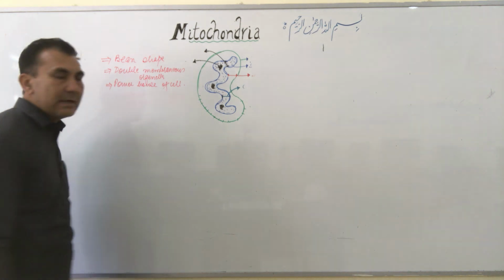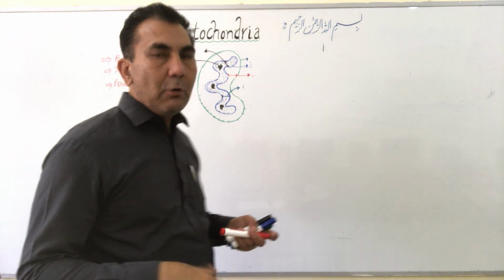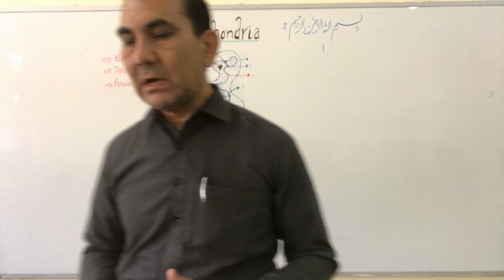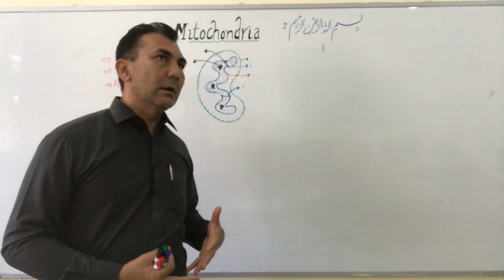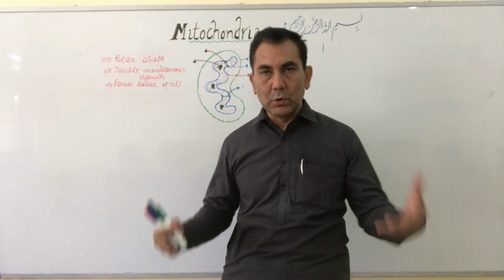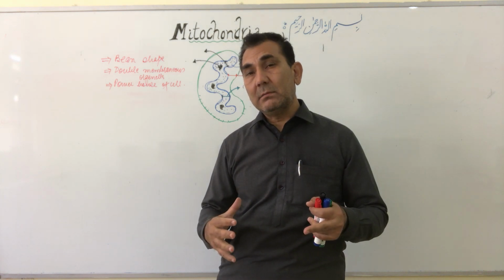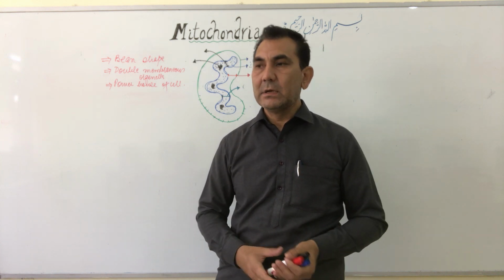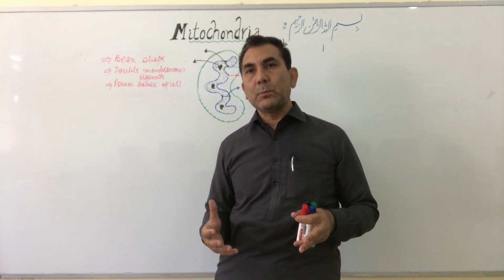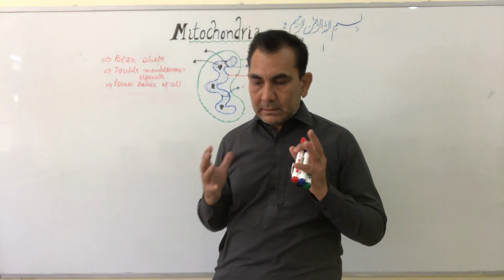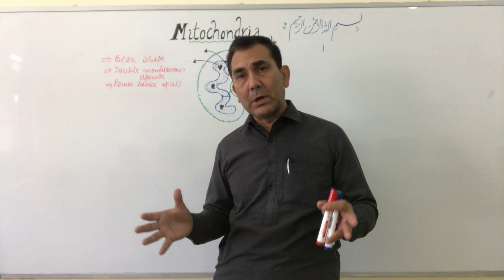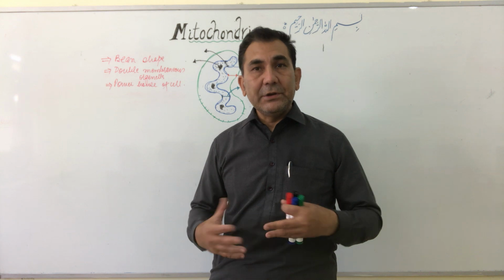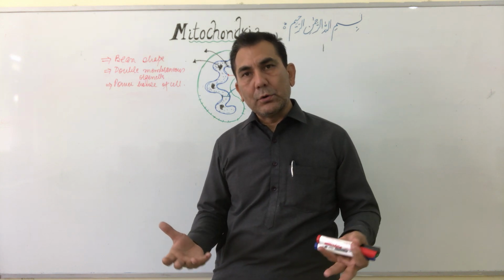Now, some unicellular organisms in this world do not have mitochondria. These are microsporidia and Giardia-like organisms, the two unicellular organisms in this world which delete or degrade their mitochondria.